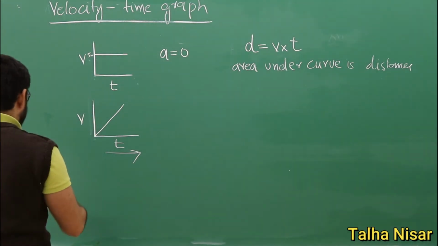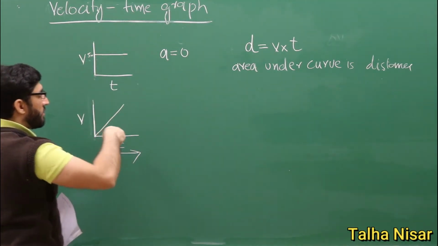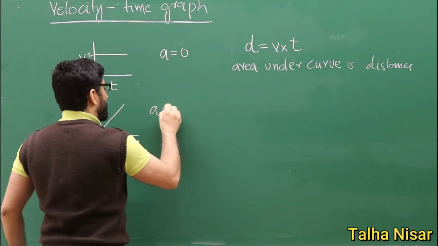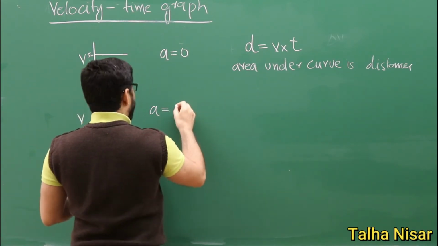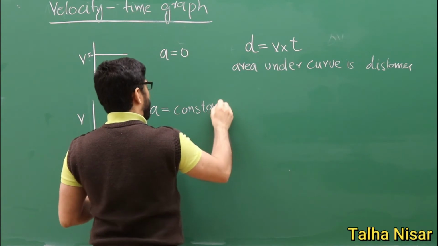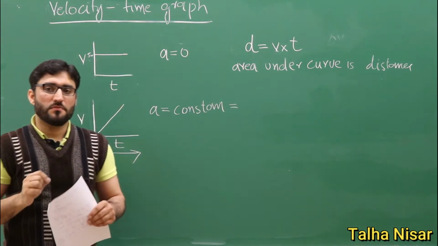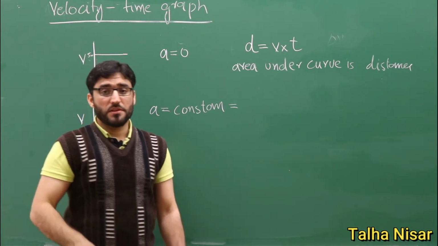The straight line means the rate is constant. And in the case of constant velocity, we can use the average velocity.